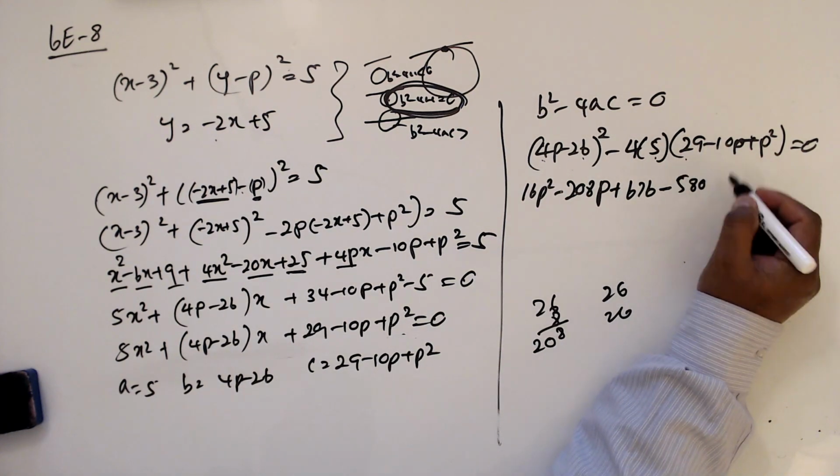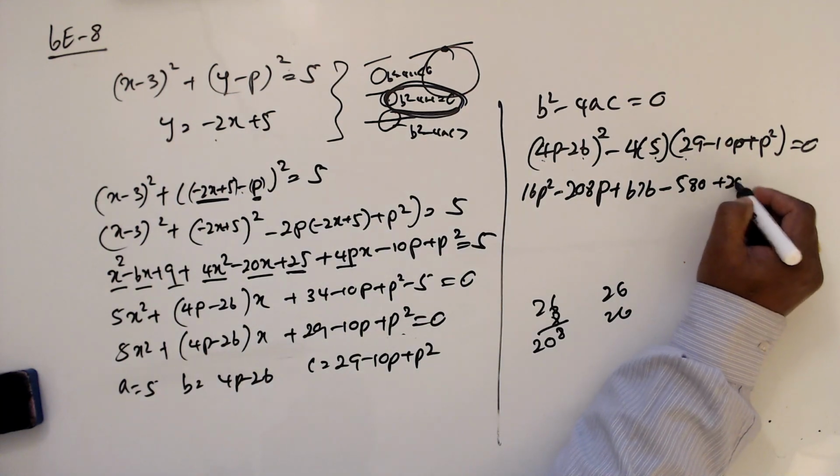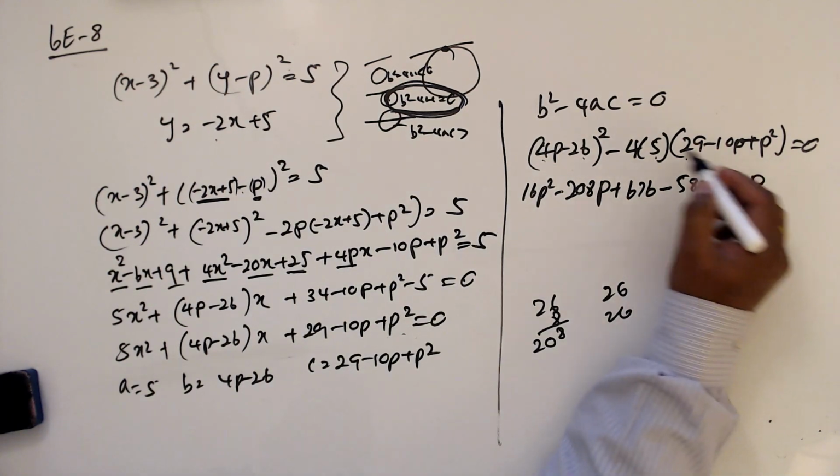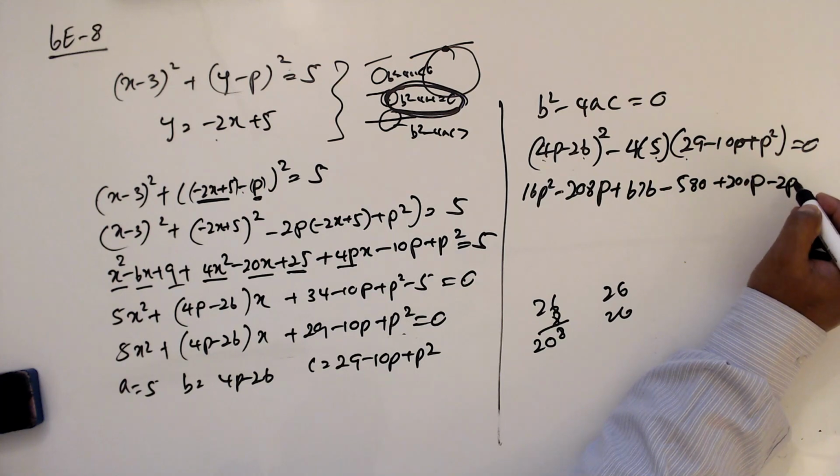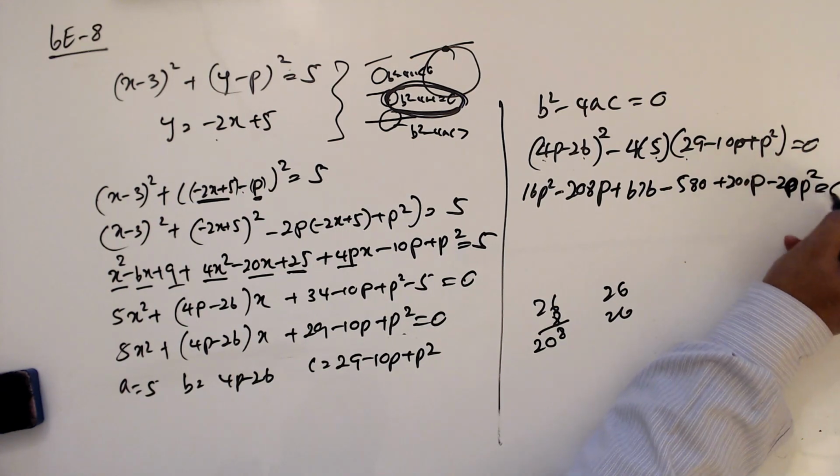And 20 times 10 is 200p. And 20p² equals 0.